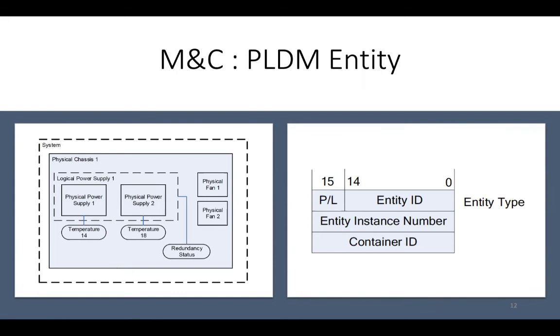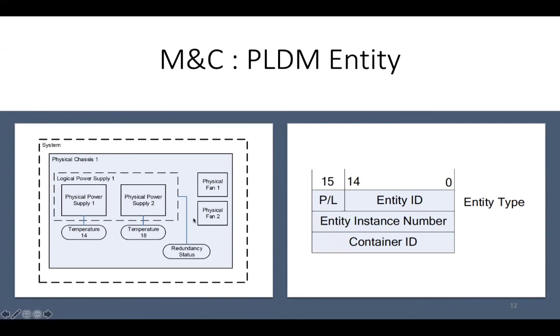Also encoded in the entity information is the instance number of the entity. So there's one physical chassis here, under which there is a logical power supply, which is actually comprised of a couple of power supplies with entity instances 1 and 2. There are temperature sensors on both of them. The numbers here, 14 and 18, for example, can be the sensor IDs of these temperature sensors.